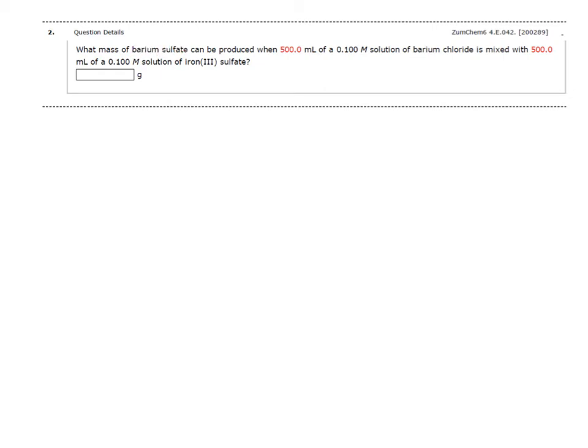So we know that barium sulfate is going to be the precipitate, and we've got two reactants, barium chloride and iron(III) sulfate. So think back to your nomenclature, and we can write an equation for this. Iron(III) sulfate would combine with sulfate in a 2:3 ratio.